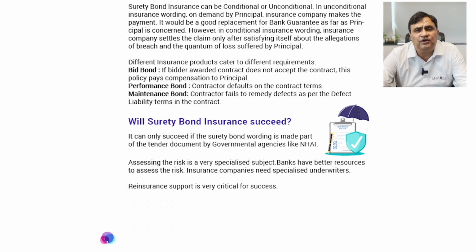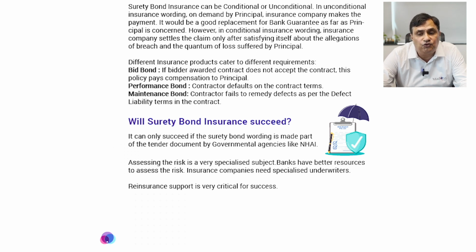One question that comes up: will the surety bond insurance really succeed in India? If it has to succeed, governmental agencies like the National Highway Authority of India have to make the surety bond wording a part of the tender document. Second important thing is assessing the risk is a very specialized subject.